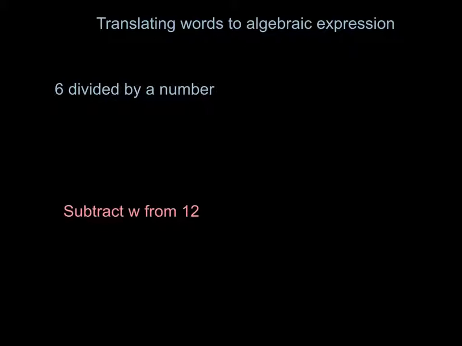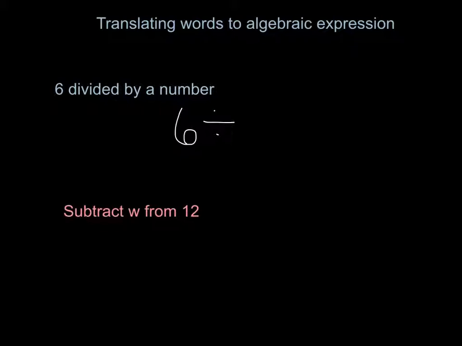So now we're going to look at translating words to algebraic expressions. The first one says 6 divided by a number. So we have to figure out which one's the numerator and which one is the denominator. We can first write it out in sentence form: 6 divided by a number.